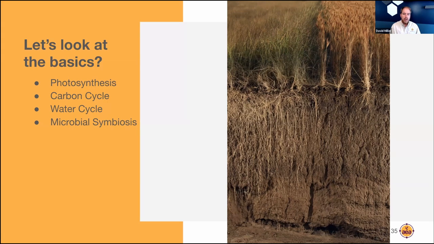And when we think about the carbon cycle, when we have less microbes in the soil here, then that means we're going to have less CO2 respiration, which means our photosynthesis is going to be reduced. And that means we're going to have less sugars coming back down to the roots. And so you have this degenerative cycle that keeps happening.